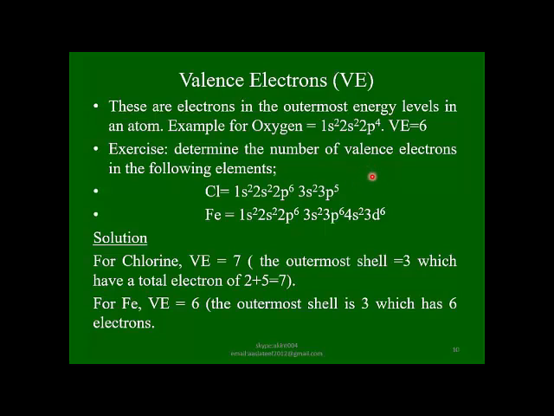In other elements, we have more than one shell. So definitely one must be more outer than the other. In hydrogen and helium, which contain only one energy level, that energy level is the outermost energy level.